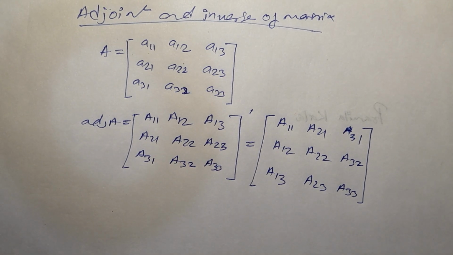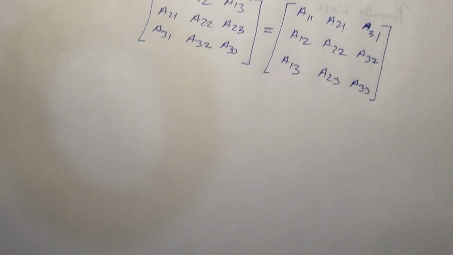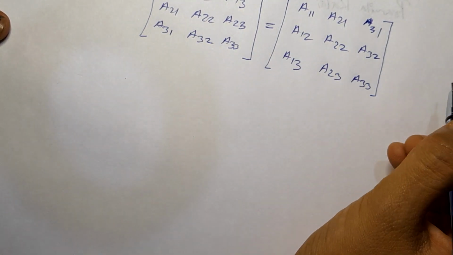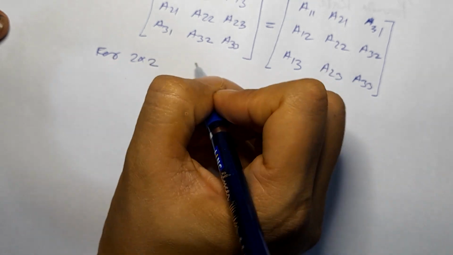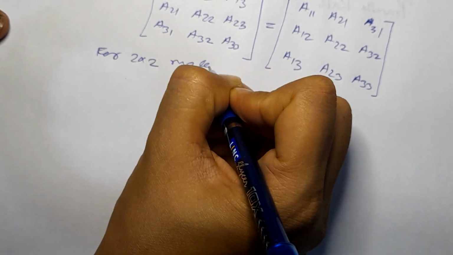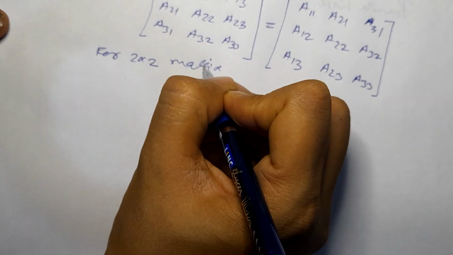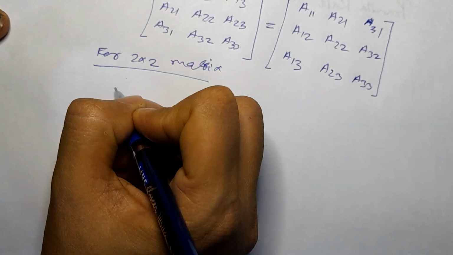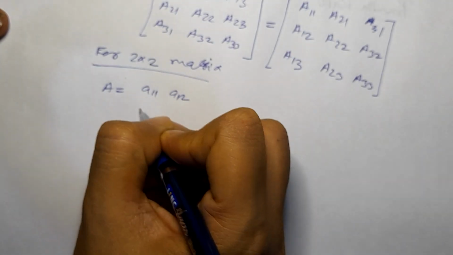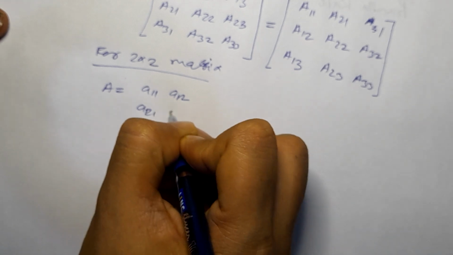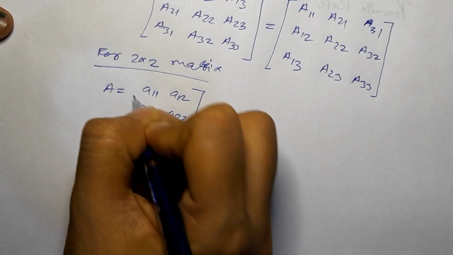For the 2 cross 2 matrix, it is a little bit different. So this is for the 3 cross 3 matrix. Now for the 2 cross 2 matrix, the matrix elements are a11, a12, a21, a22. These are the matrix.